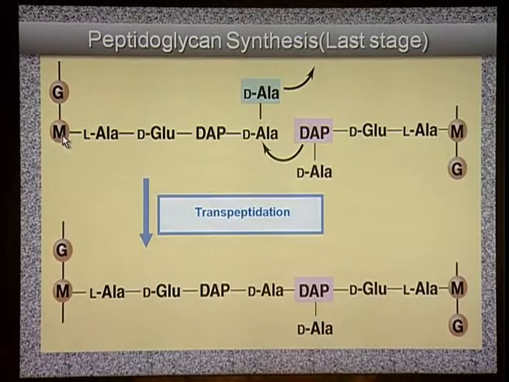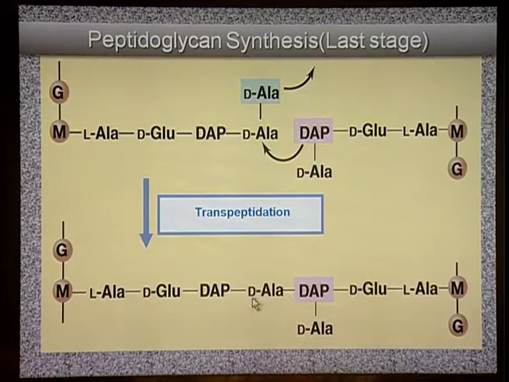Now, you can see the NAG and NAM here with the pentapeptide, alanine, glutamine, DAP, alanine again. So, the two adjacent peptidoglycan molecules will form the peptide bond here. Here you have a transpeptidation reaction and one of the alanines here is removed. So, this is the final step where you will see a peptide bond is already produced here.